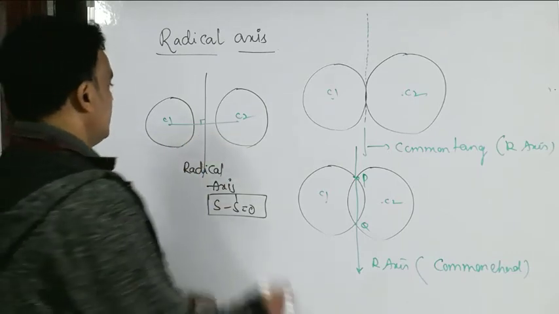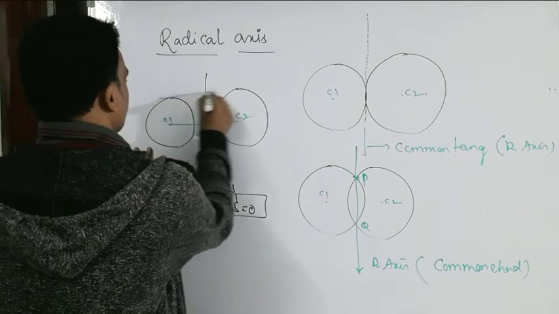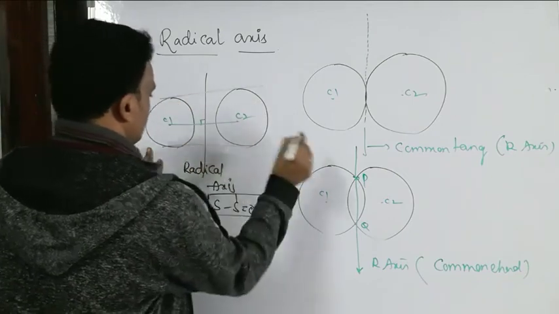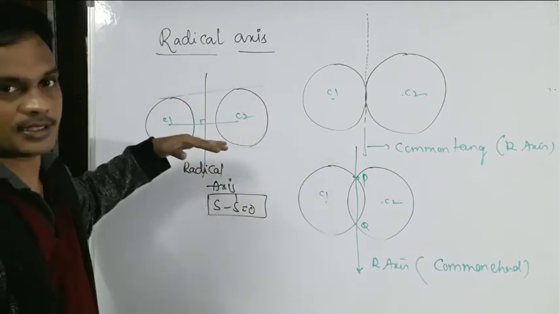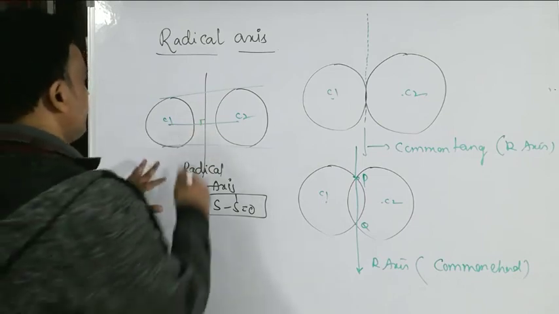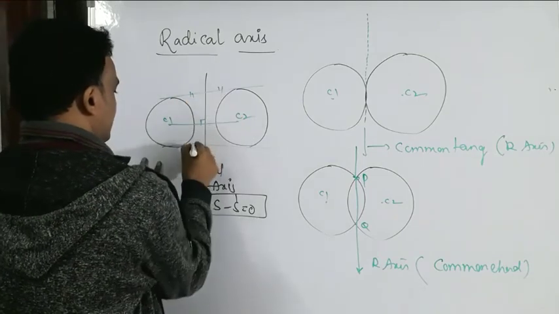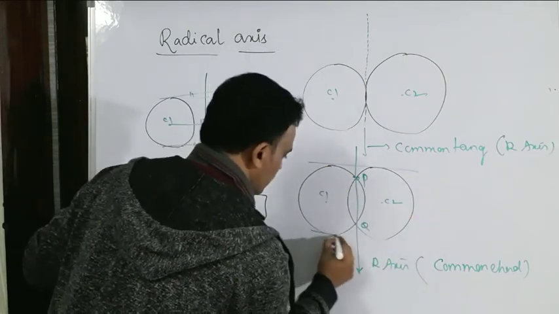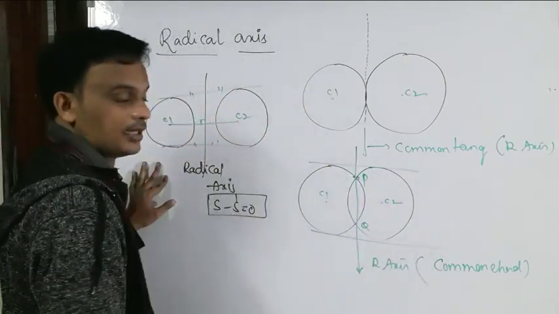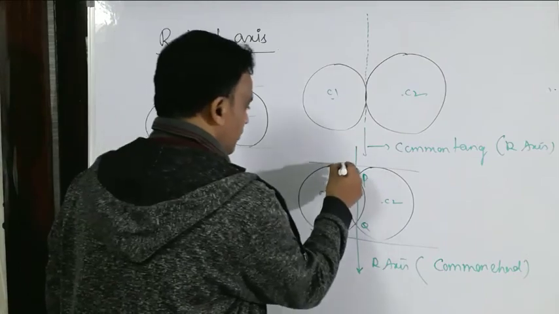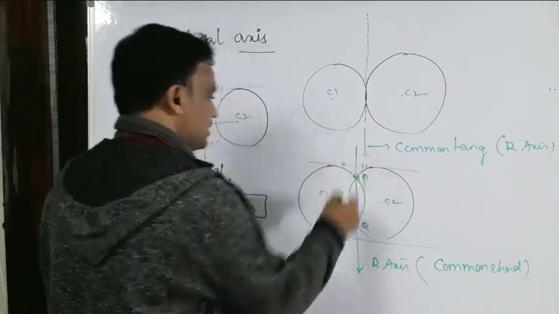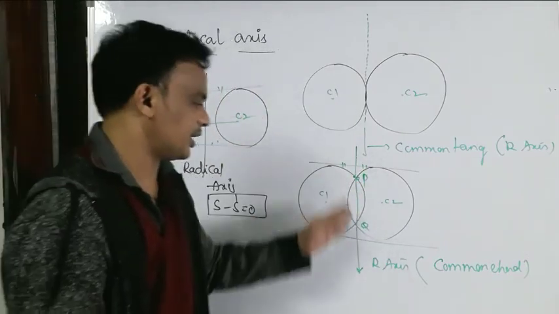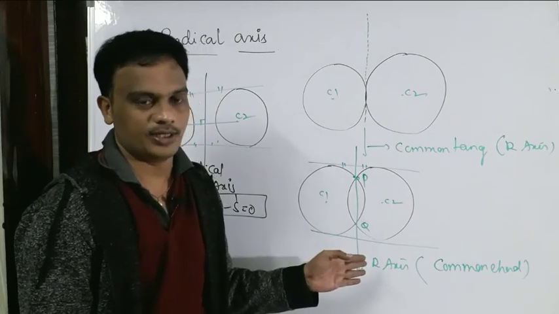And if you draw the common tangents, these common tangents are bisected by the radical axis. Yes, come on.